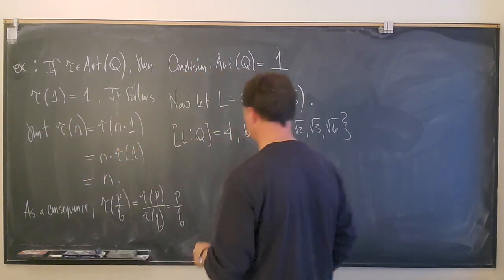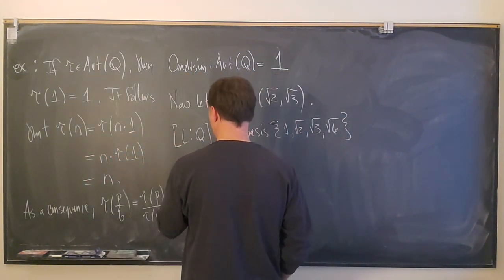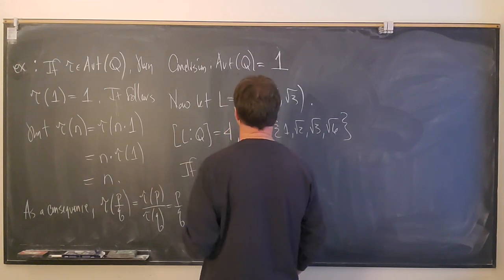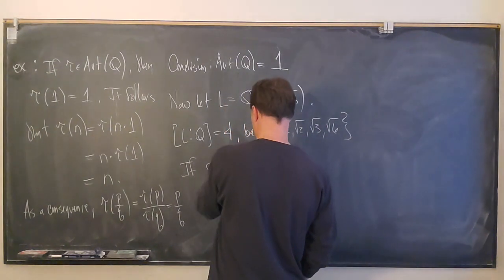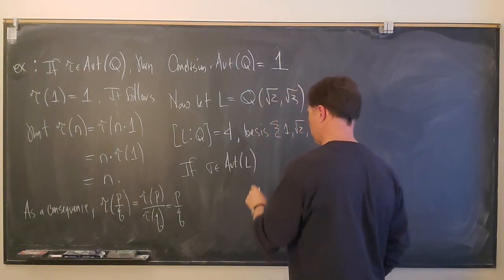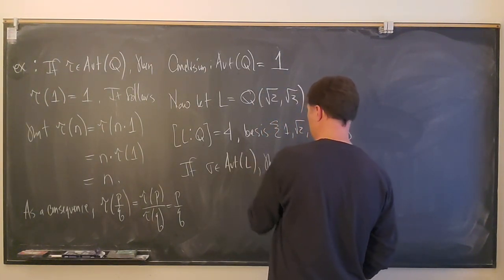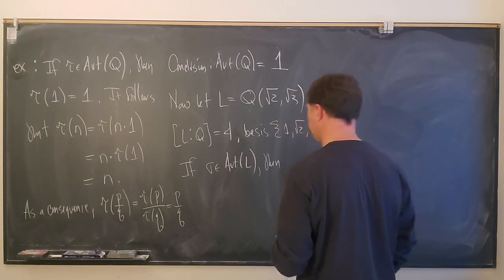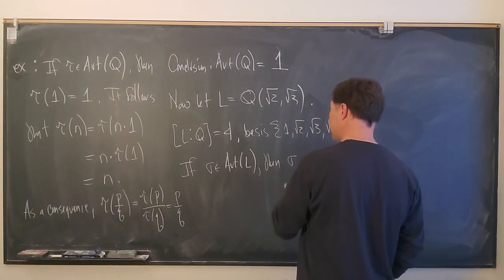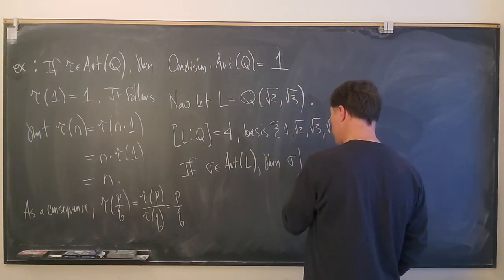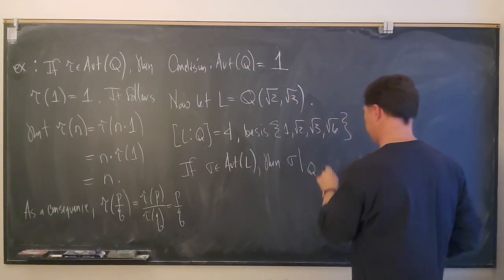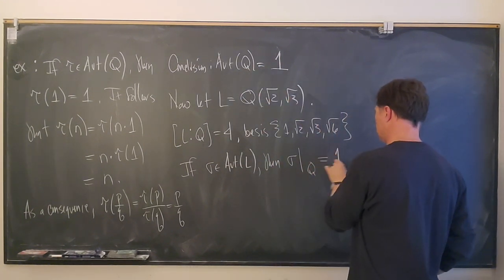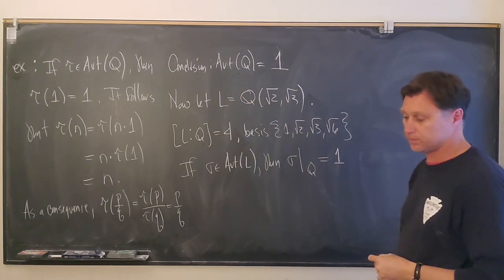Now, if we take sigma in Aut L, then sigma restricted to Q has to be the identity, the trivial automorphism.